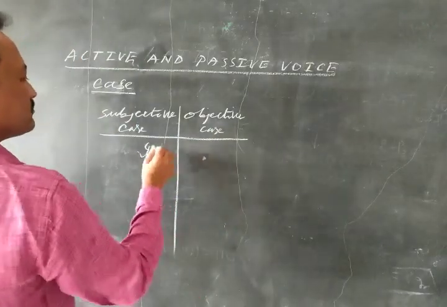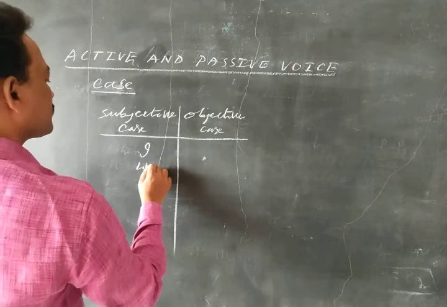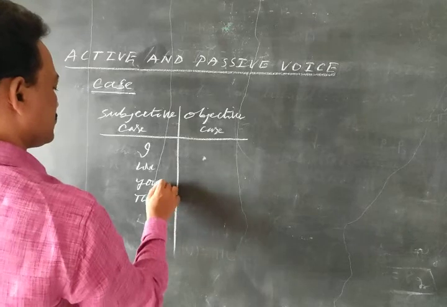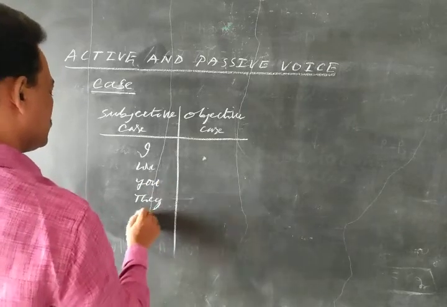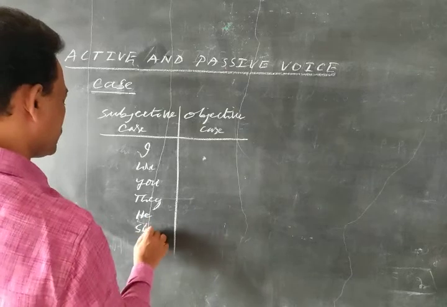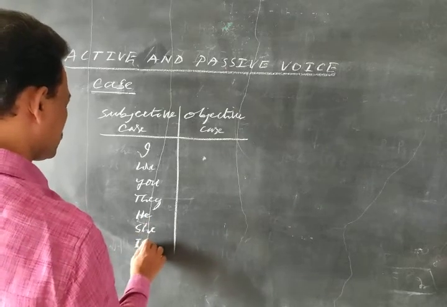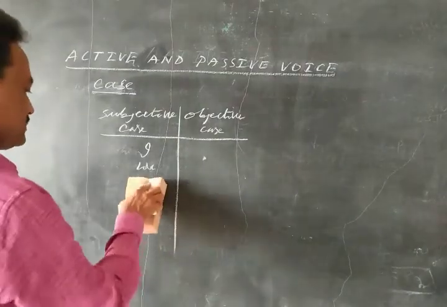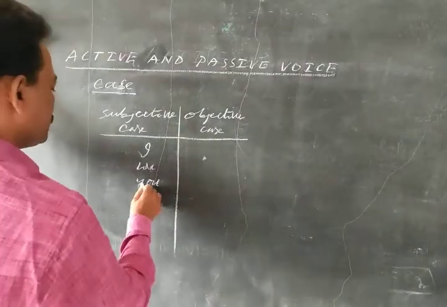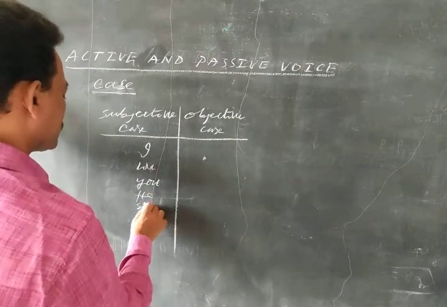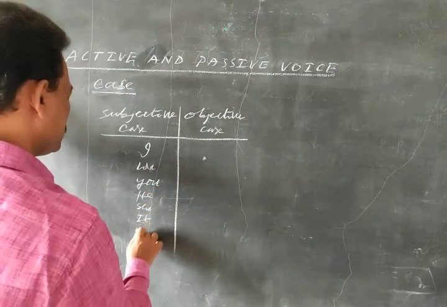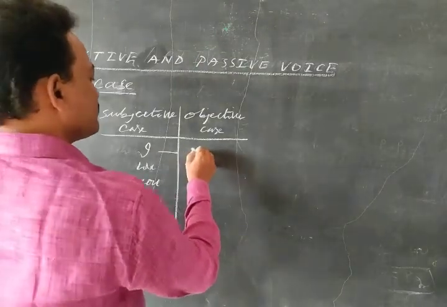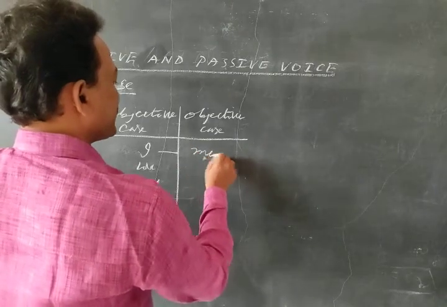I, we, you, he, she, it, they. See, I becomes me.